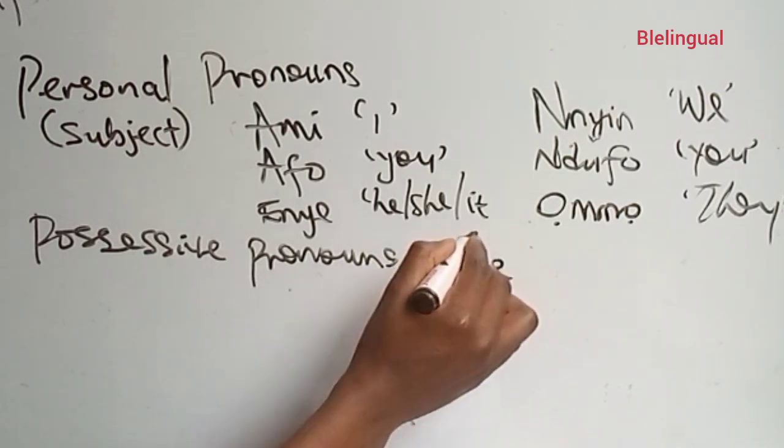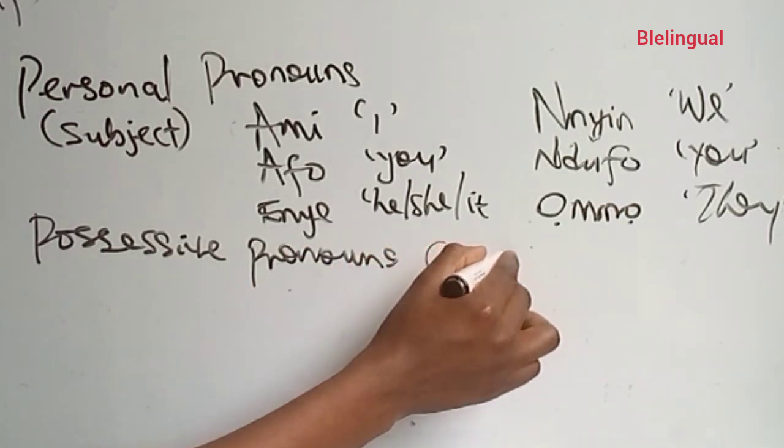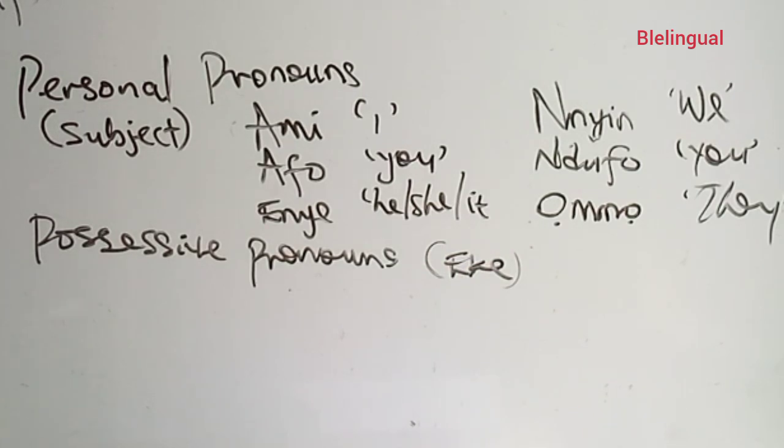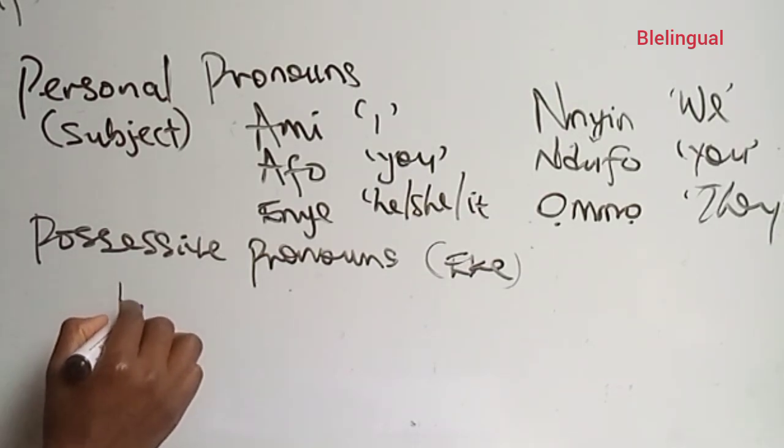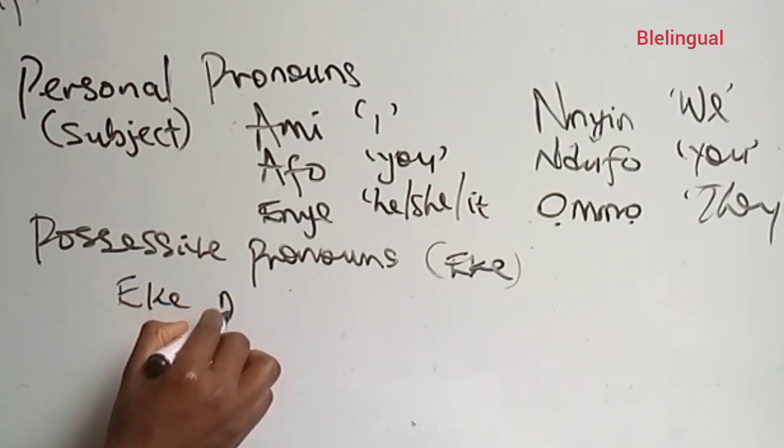Okay, to move forward, we look at the possessive pronouns. For the possessive pronouns, we had eke conjoined with ami, although we noted some slight changes in some of the pronouns.